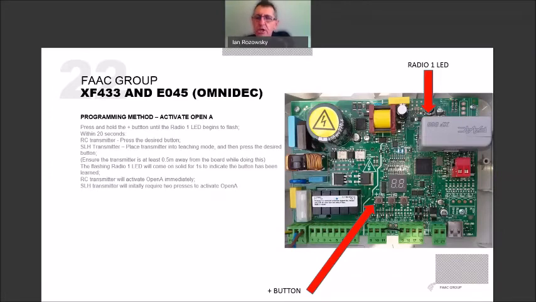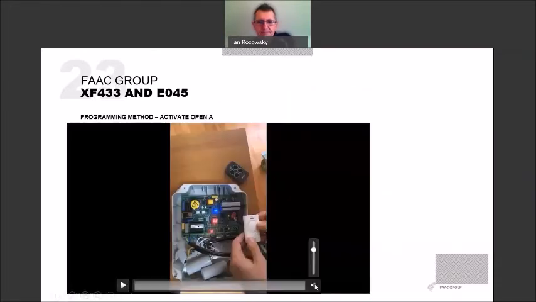On an SLH, we put it into teaching mode and then press the button we want. The flashing radio 1 LED will come on solid for a second to indicate that the remote's been learnt. And the same thing, the RC will work immediately. The SLH will need 2 presses. So let's have a quick look at this video. It will show you learning in both an SLH and an RC into an E045.